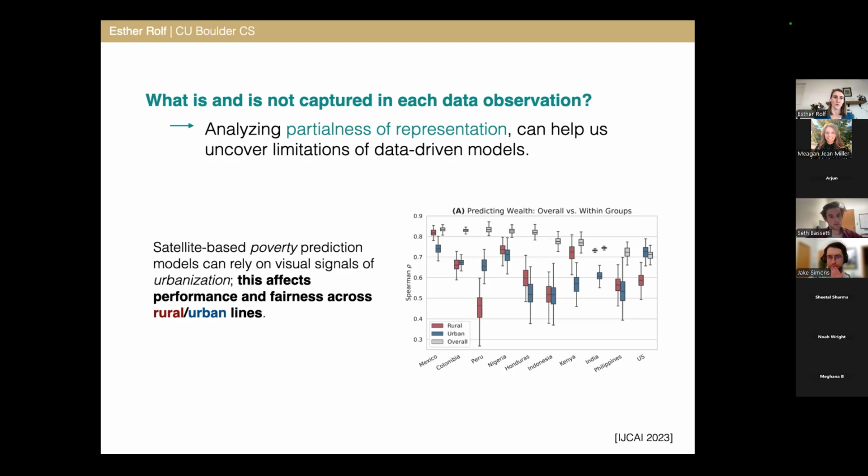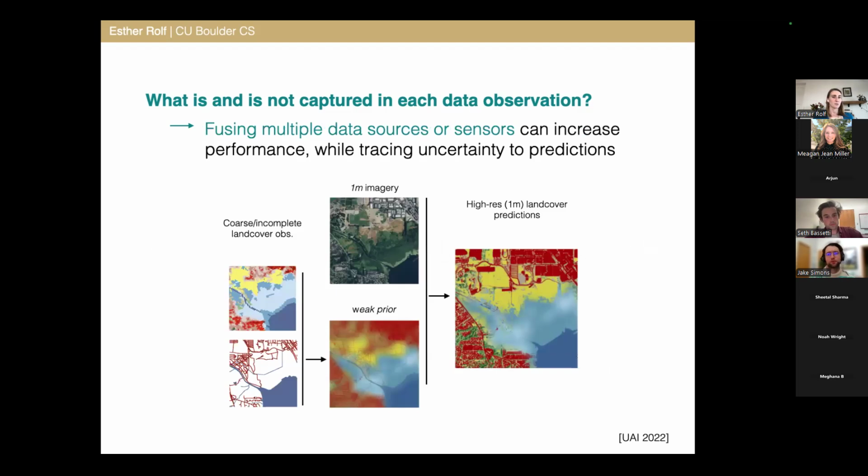In a more constructive view of this, we can actually use that understanding to fuse sorts of data that on their own would not be wholly informative of the outcome that we're trying to predict, but together can be.